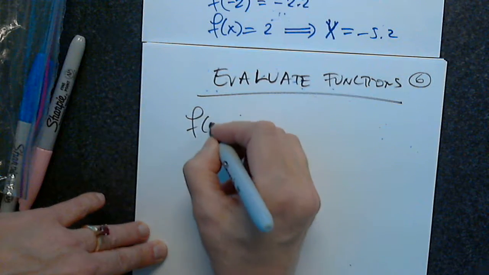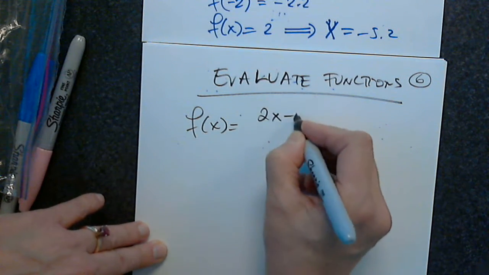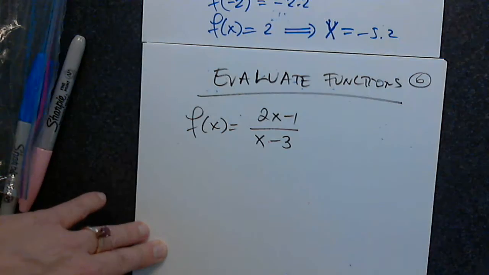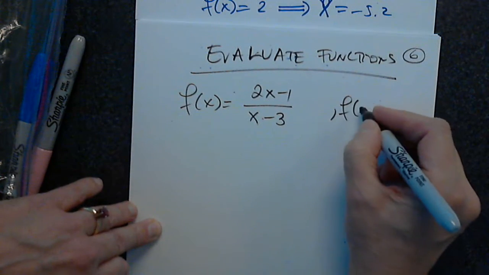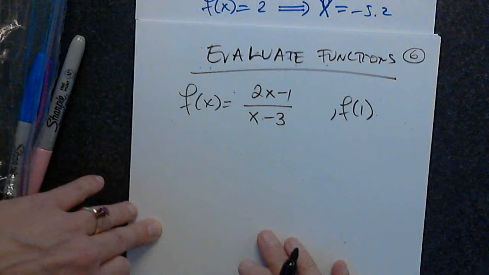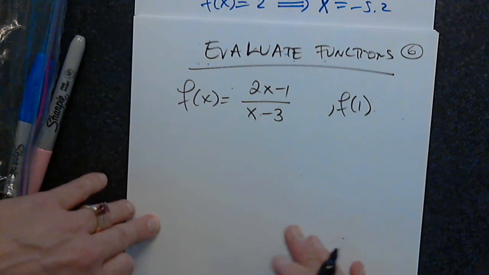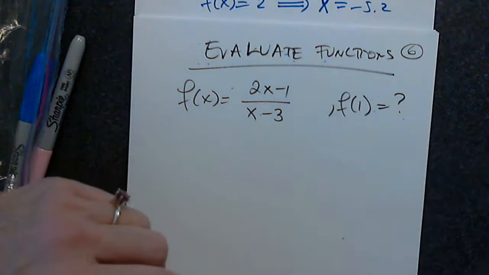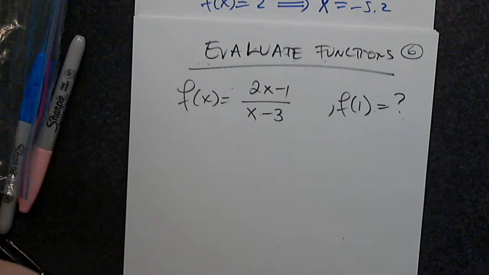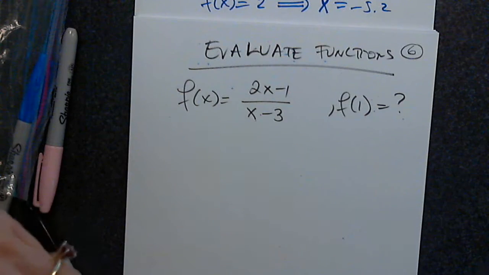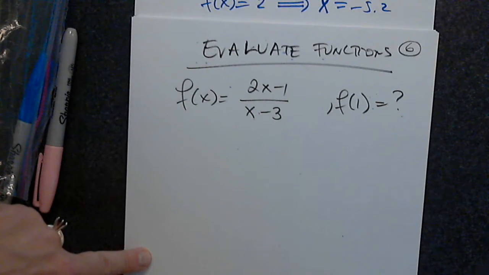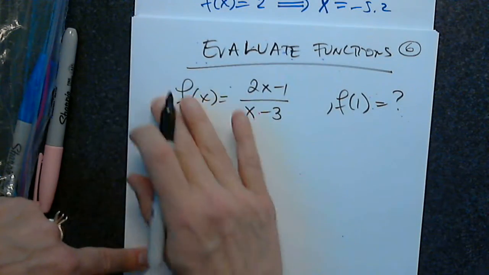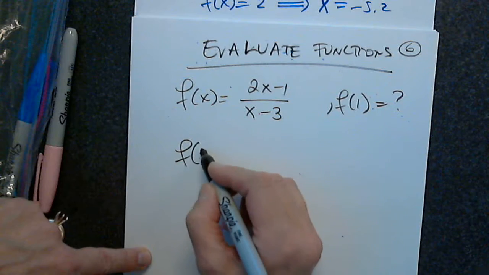Let's suppose I have this function, and you want me to evaluate it for 1. Find f of 1. You give me this function and then you say find f of 1. Okay. So here's what I see. When I look at this function, this is what I see.